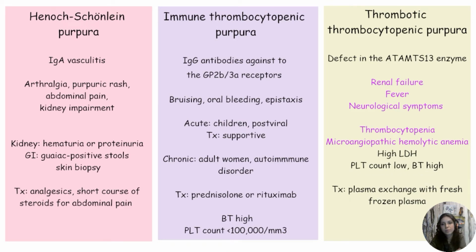Thrombotic thrombocytopenic purpura is also a blood disorder characterized by clotting in the small blood vessels due to a defect in the ADAMTS13 enzyme, and there is a classical clinical pentad: microangiopathic hemolytic anemia, thrombocytopenia, renal failure, fever, and also neurological symptoms.